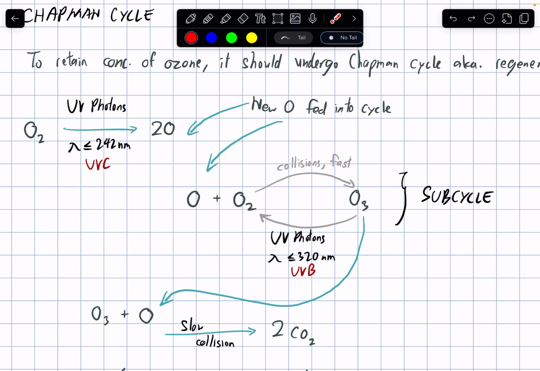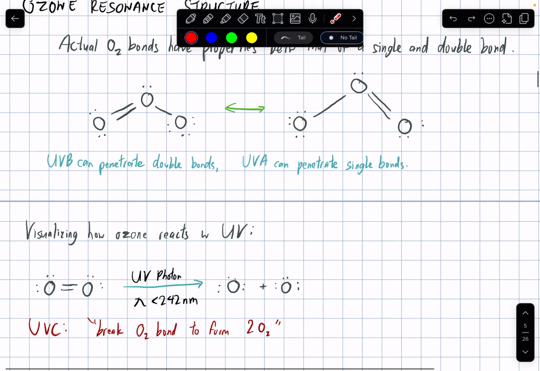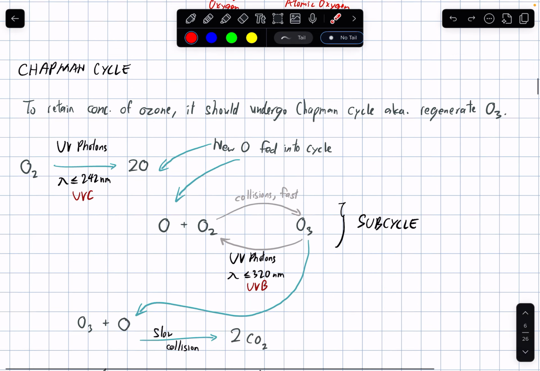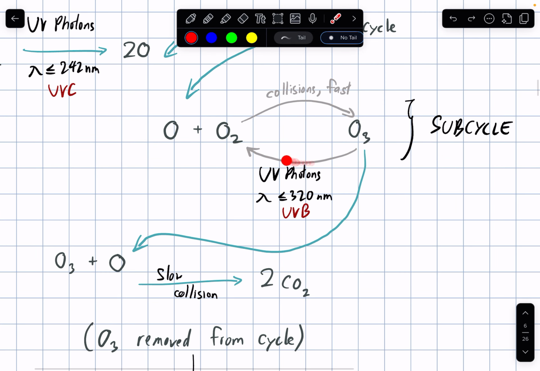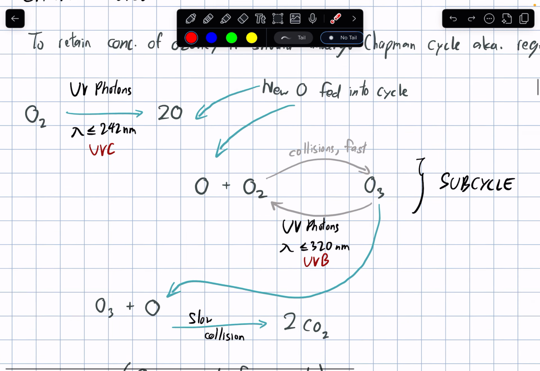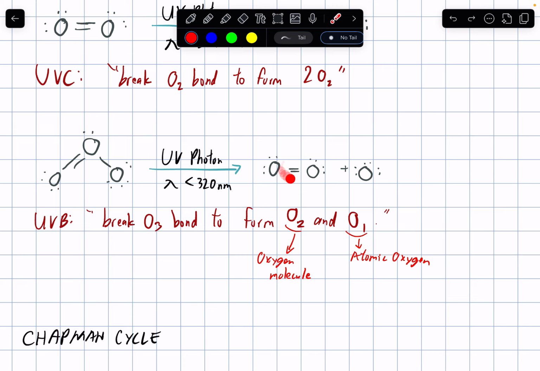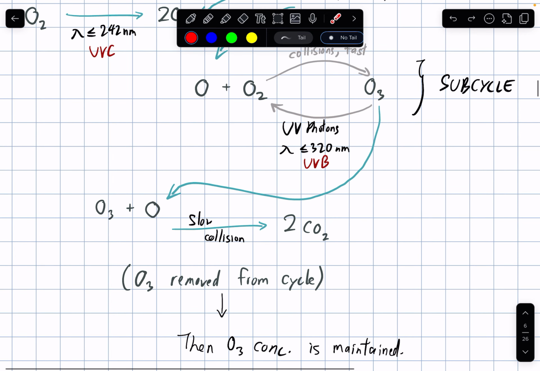And through fast collision, we get ozone. And as the ozone becomes exposed to UV photons of wavelength less than or equal to 320 nanometers, in other words, UVB kind of radiation, as demonstrated here, we get oxygen and the atomic oxygen. It's exactly the same result here. So that's the cycle for itself for this part.